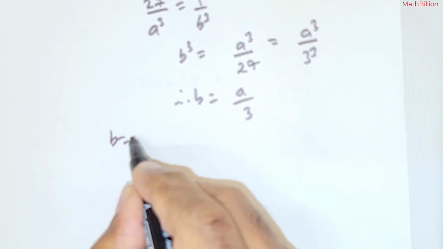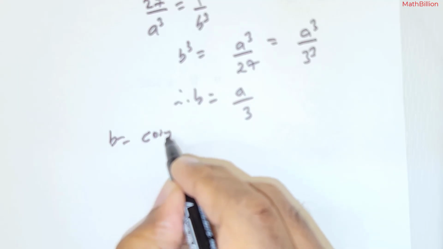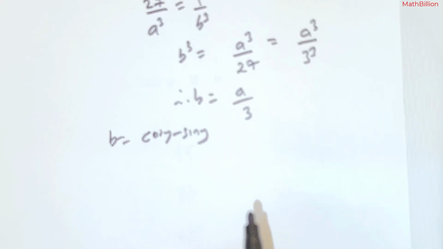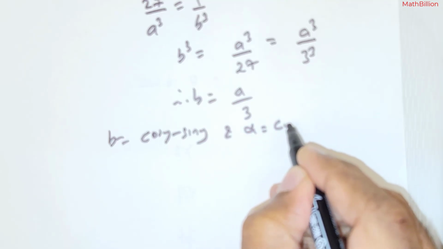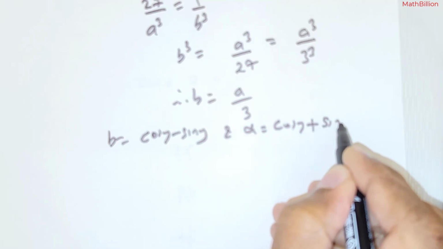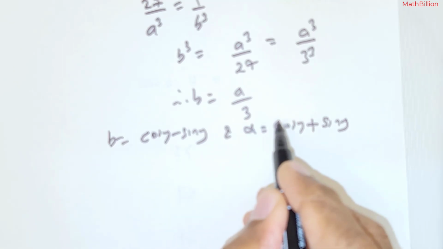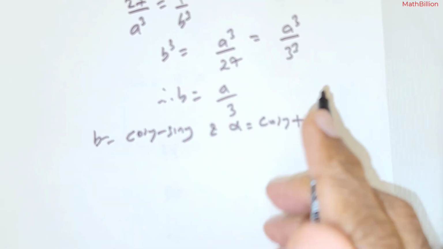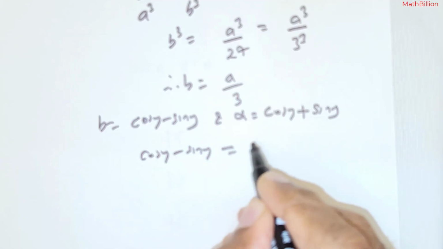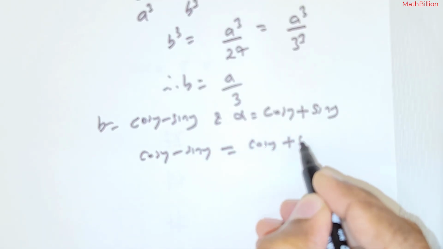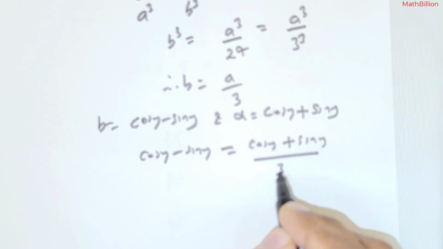Now if you remember, we have b is equal to cos y minus sin y, and a is equal to cos y plus sin y. So we can utilize these two values there. So you have cos y minus sin y is equal to cos y plus sin y divided by 3.